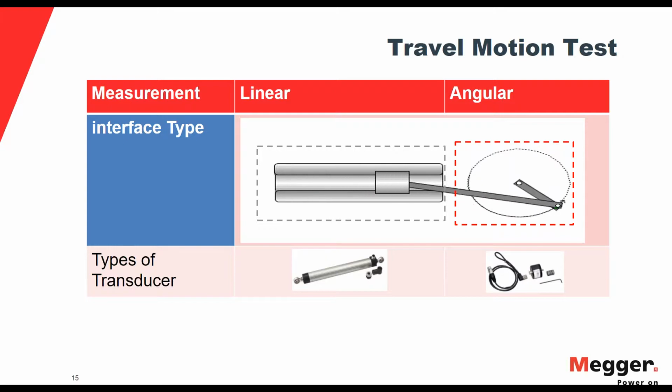We'll use something called a transducer or motion transducer, where it will change the measurement from a movement measurement, a distance in millimeter, to an electrical signal to my tester or circuit breaker analyzer, and will give me the value of the motion during the operation.